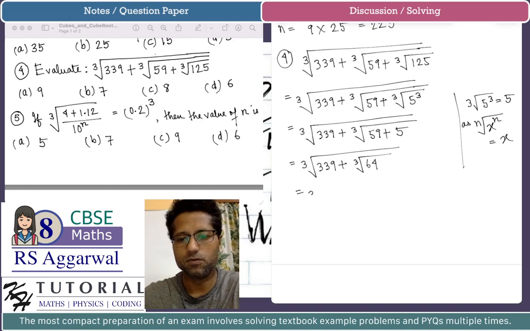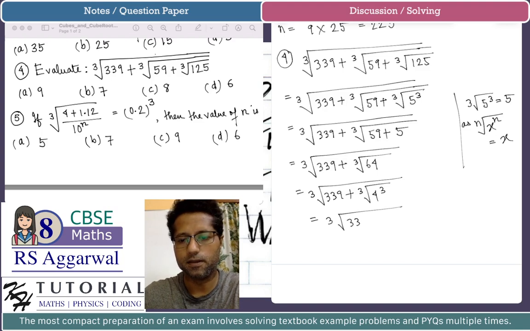This is equal to the cube root of 343 plus 64, and we know 64 is 4 cube. So this becomes the cube root of 343 plus 4, since the cube root of 4 cube is 4.